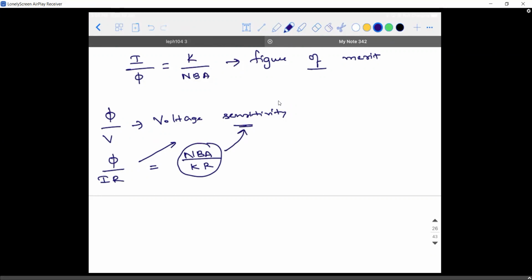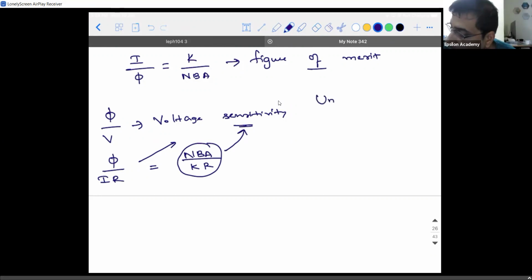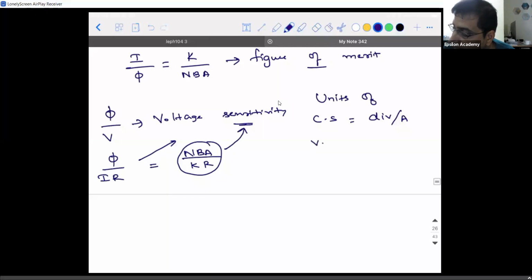Yes, sir. Okay. Now we will see what are all the units of it. Units of current sensitivity will be division per ampere. Unit of voltage sensitivity will be division per volt. Then what is the unit of figure of merit?